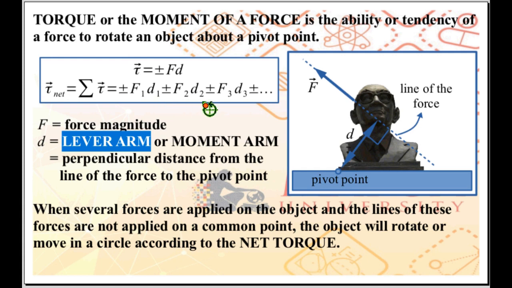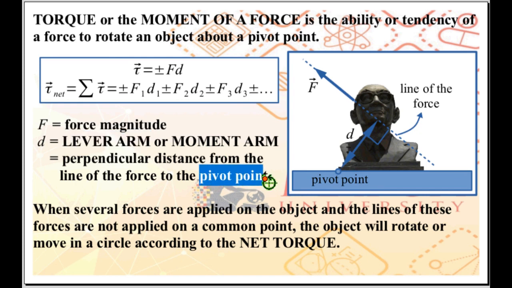Each of these lever arms, d1, d2, d3, are with respect to the same pivot point. So they all have a common pivot point. Net torque is equal to the summation of all the torques of the forces applied on the object.